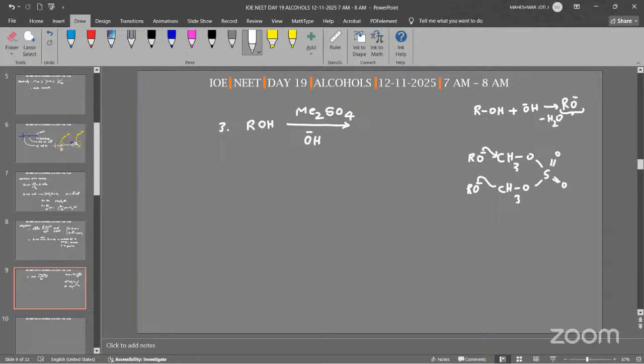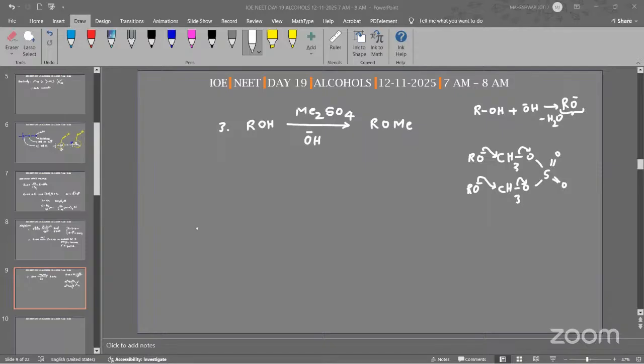It is an SN2 reaction. Now this electron density goes to the O minus. SO4 minus 2 comes out. The product is ROMe, ether. Right? ROMe is ether. So in all alkylation reactions, products are ethers.